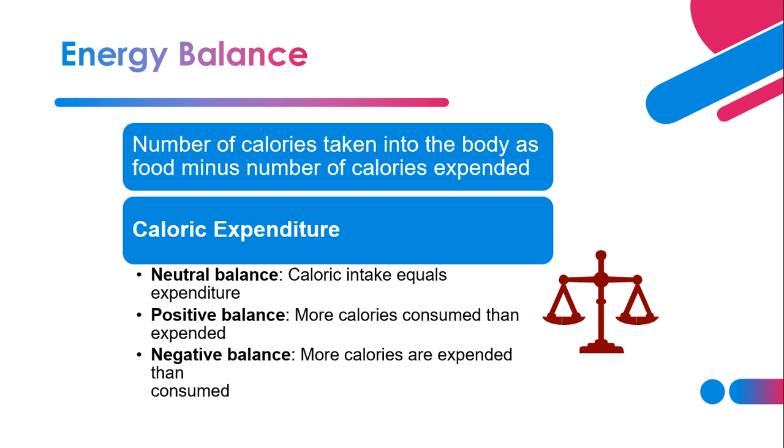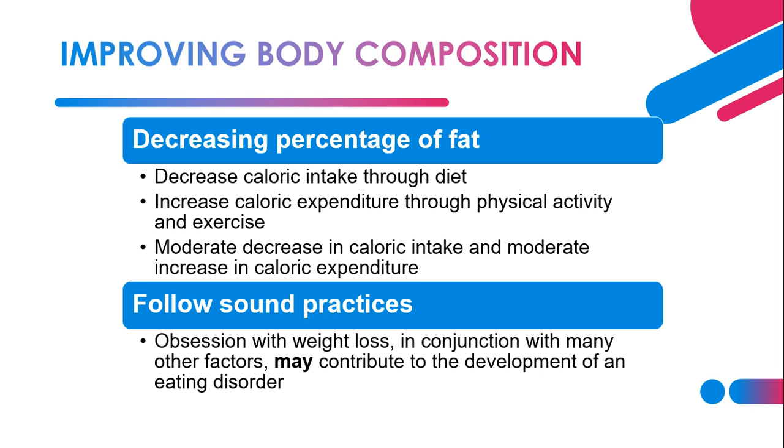Weight control requires maintaining the appropriate energy or caloric balance. Body composition can be improved. Individuals who have an unhealthy percentage of body fat can reduce it by modifying their lifestyle.